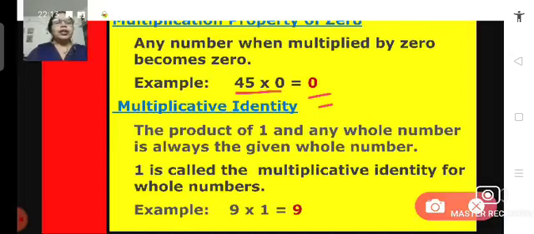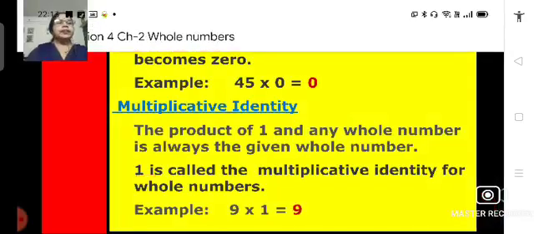If we multiply any whole number with 1, we get the same number. So 1 is called the multiplicative identity of whole numbers. So 0 is the additive identity of whole numbers, whereas 1 is the multiplicative identity of whole numbers.